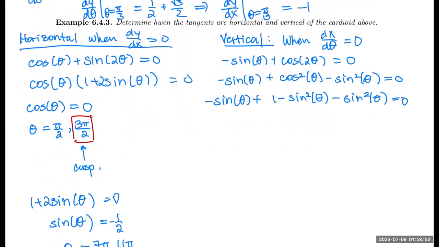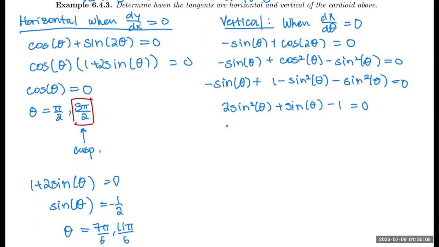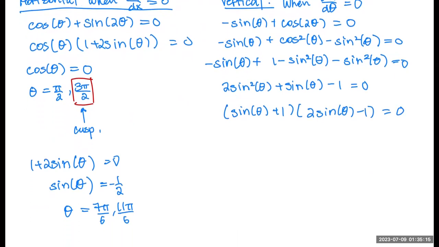Or let me change it to the positive side. So we have 2 sine squared theta plus sine theta minus 1 equal to 0. Factoring this, we get sine theta plus 1 times 2 sine theta minus 1 equal to 0. So we could check each of these.